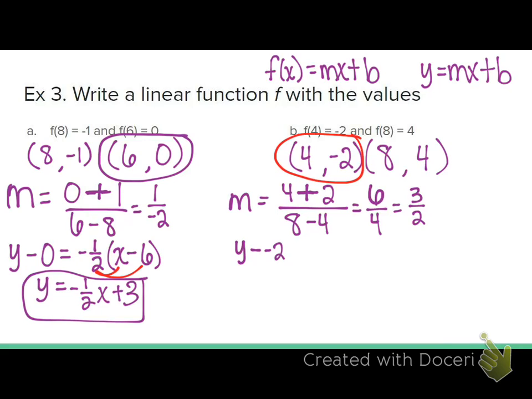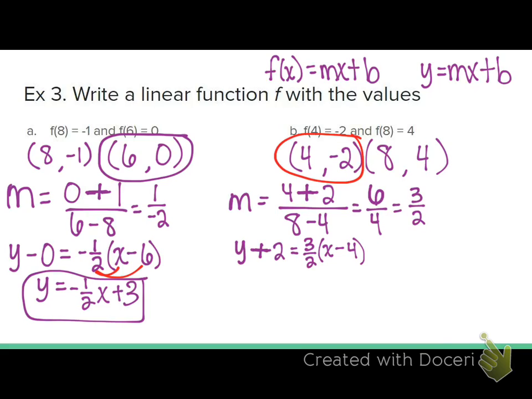So this is going to turn into what? A plus 2. Equals, what goes after the equal sign? The m, 3 over 2. Open your parentheses. x. What goes in there? Minus 4.